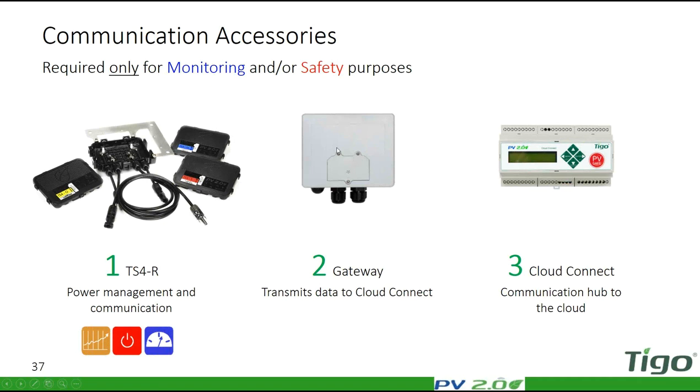It has a gateway. The gateway is basically an antenna. All the TS4-R units have the capability to talk wirelessly to the gateway. The gateway communicates with all the TS4 retrofit units, and then it sends the data over an RS-485 cable, which is a communication cable, down to the Cloud Connect, which is our general purpose data logger.